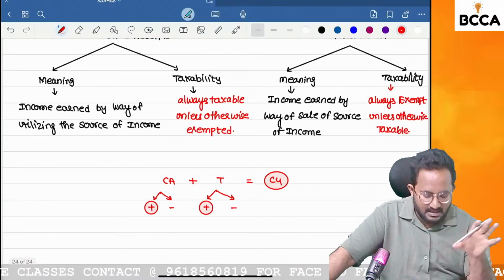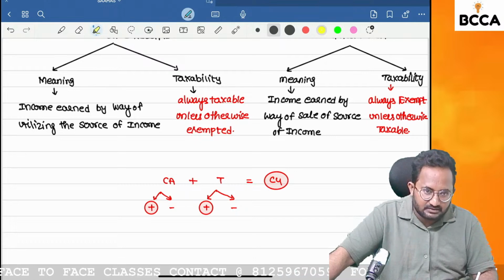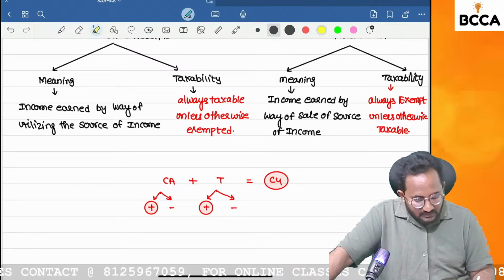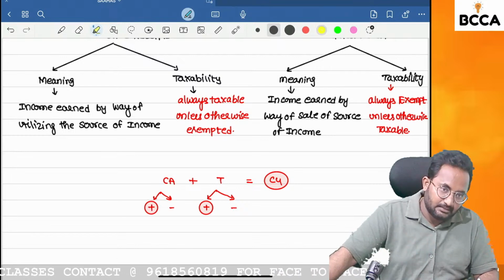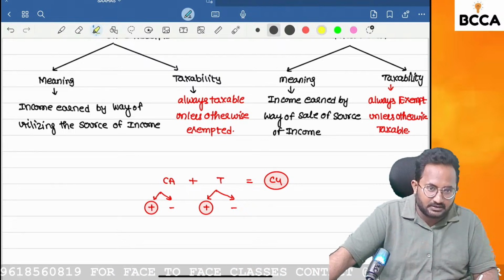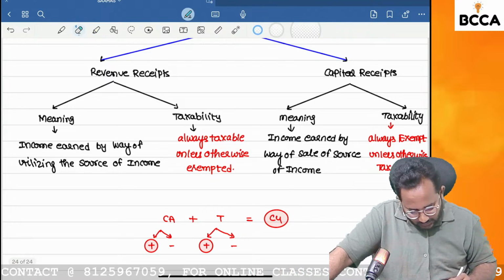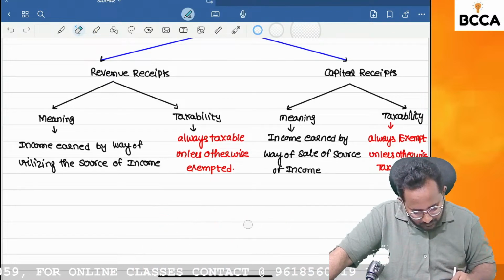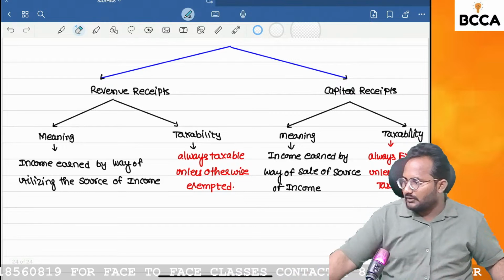Normally they say the exemption list is equal to the taxable list. We can't compare. So always exempt is not at all correct. Certain cases are exempt, certain cases have taxability. Are you clear up to now? All of you?